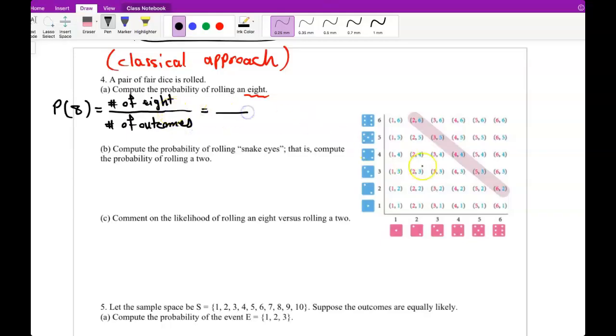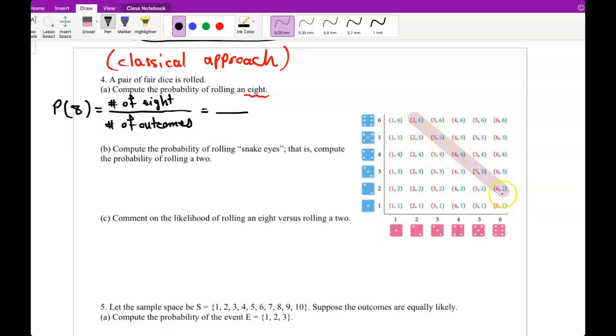Based on what we have here, how many 8s do we have? How can we find which one is 8? By adding these two numbers: 1 plus 6 is 7 here, 2 plus 6 is 8, 3 plus 6 is 9.